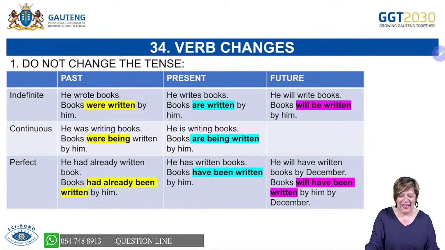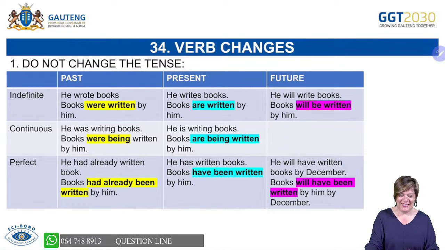So it's almost the same as the indefinite tense. Books are being written. So that being tells me it's continuous. It's taking place as we speak. And the same with the continuous past tense. He was writing books. Books were being written.